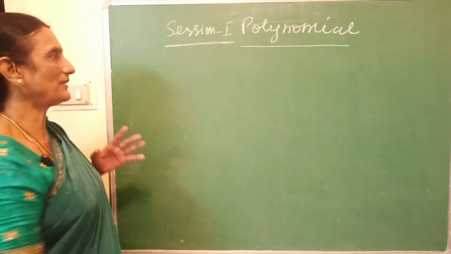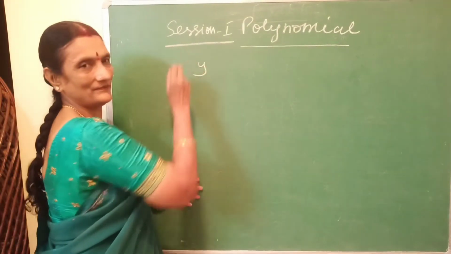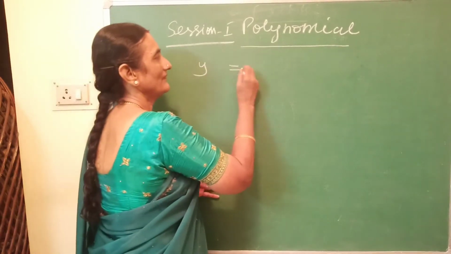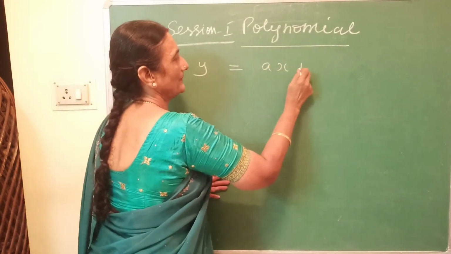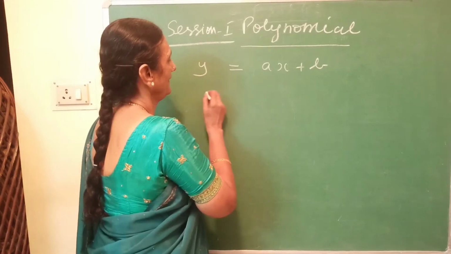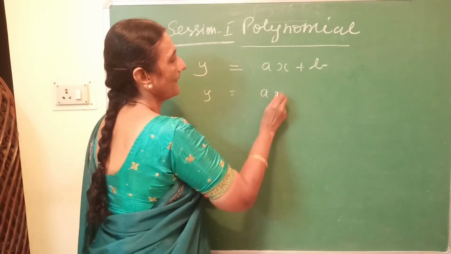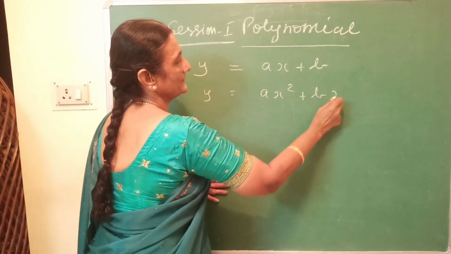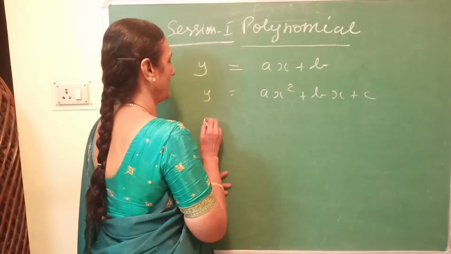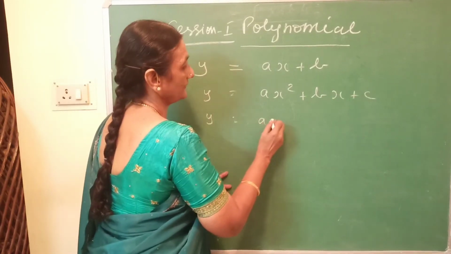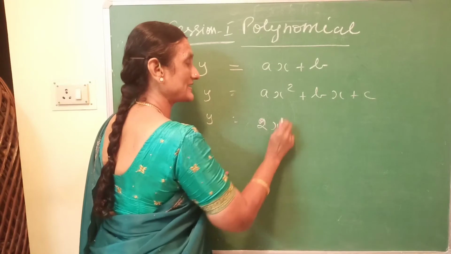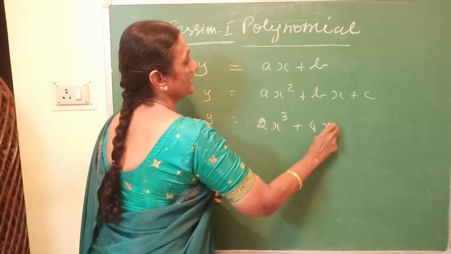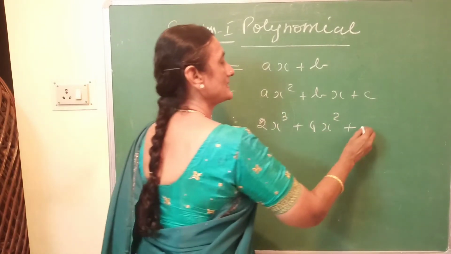So when we are able to represent a polynomial, say ax plus b is a polynomial. So y is equal to ax square plus bx plus c is a polynomial. y is equal to, we can even write 2x cube plus 4x square plus 3.